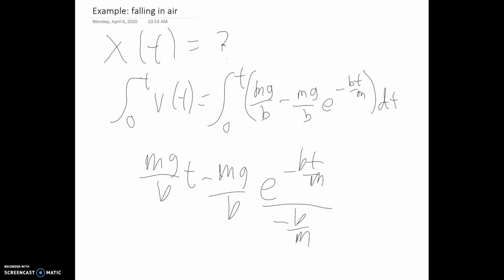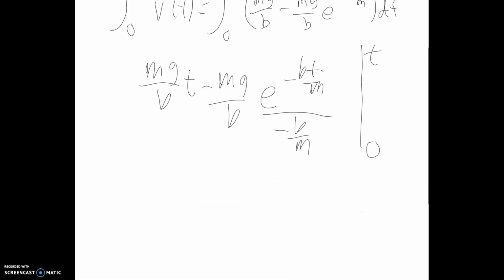Okay. But I want to point out that this is all evaluated from 0 to t, and we haven't done that yet. This is actually a question on last year's 2018 AP test. I graded it, and this was actually a place where a lot of people made an error, so I don't want you to do that.